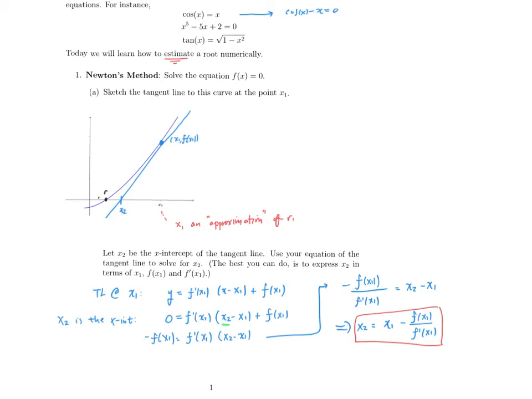And guess what? This was so much fun the first time, you say, well, how about we do it again? So if at this curve at x2, we draw the tangent line, and we'll call where that intersects the x-axis x3. So let's see if we can repeat this process and somehow conveniently solve for x3.